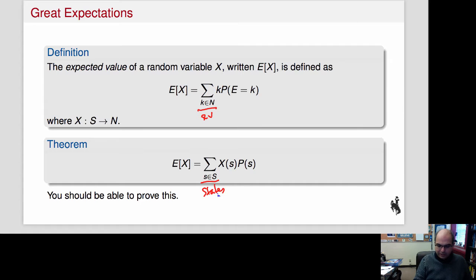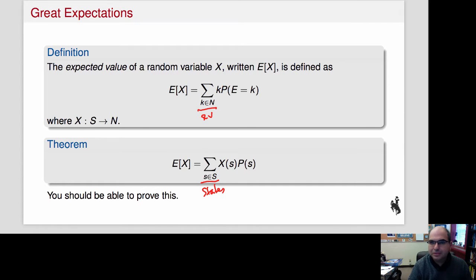I say, add up all the states. So for each card in a deck of cards, there are 52 states. We take the value that the random variable assigns to that state times the probability of that one little state. And these two are actually the same.